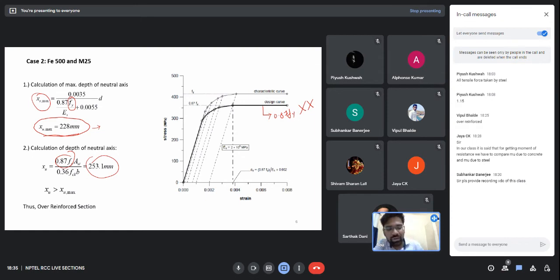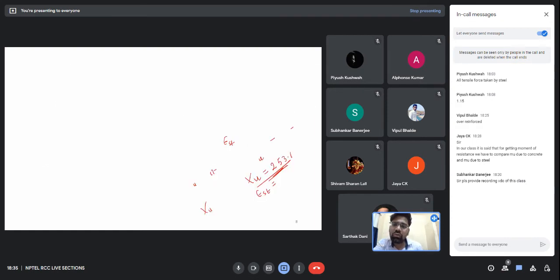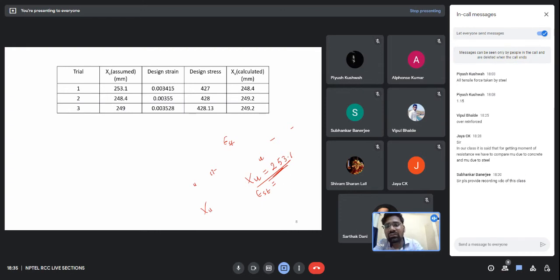But this is 228. Now, when you look at the actual depth of neutral axis, we are getting it as 249. It is greater. Do you get me? So this is a greater value. After substituting this greater value, I am getting this Mu.